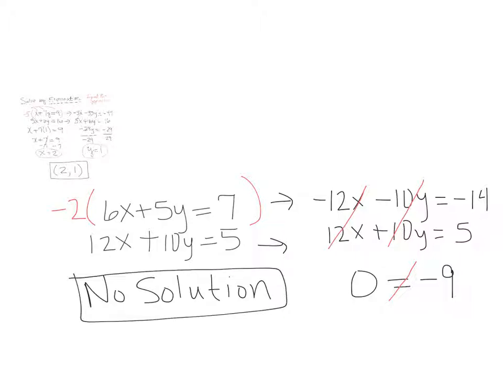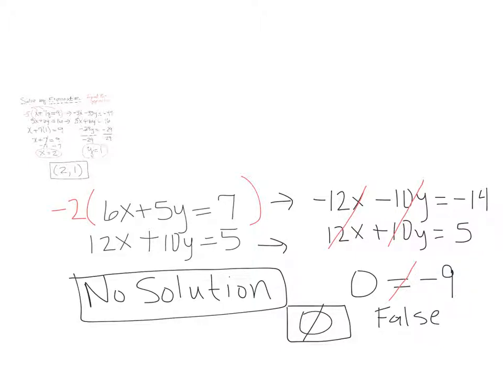You may also see, depending on what book you're using or if you're using any kind of online software, that whenever you get a false statement like this, they may say the solution is the empty set. They might indicate that with the null symbol, because we end up here with what's called a false statement.